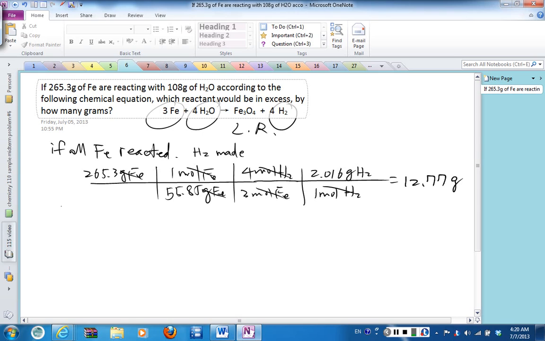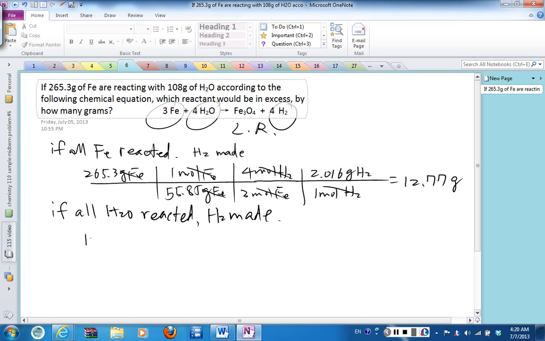Okay, similarly, let's think about water. If all water reacted, how much H2 would be made?